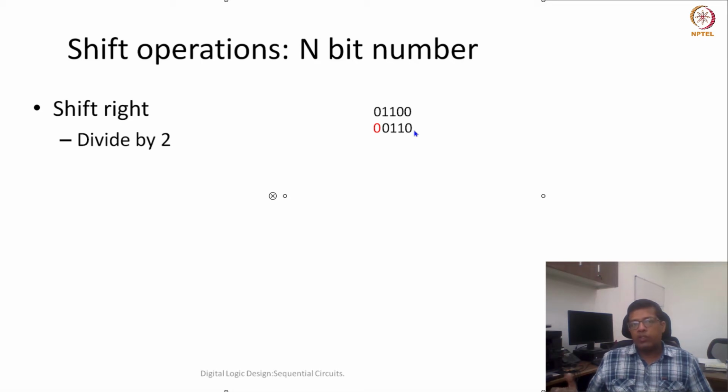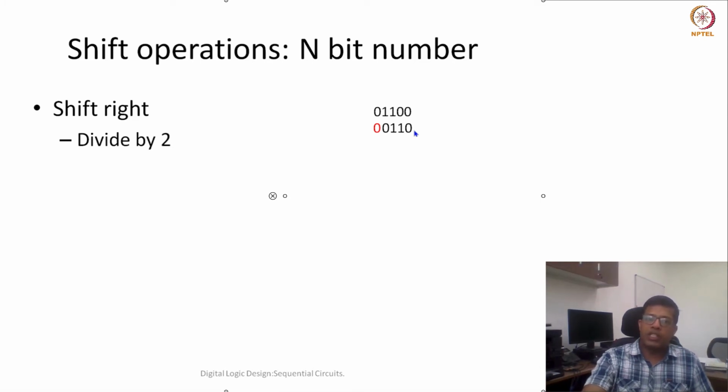Okay, so in other words, whenever we are dividing by 2 by shifting, then we are taking the floor of the result. Okay, so let's take one more example. Let's say I have 1 in the most significant place.